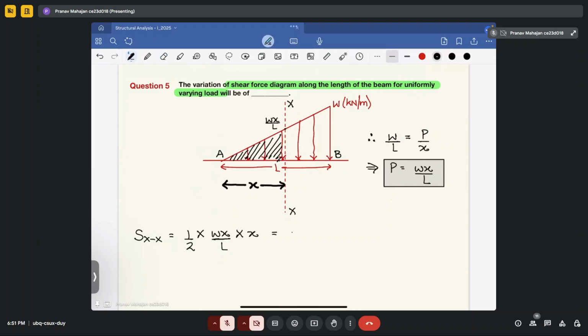So if you write it, you will get WX square upon 2L. So this is 2-degree variation. Okay. So in this case, your shear force follows, so I will write here, for uniformly varying load, shear force diagram follows 2-degree variation.